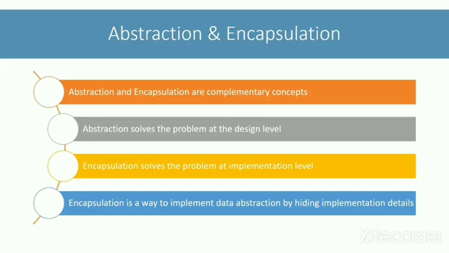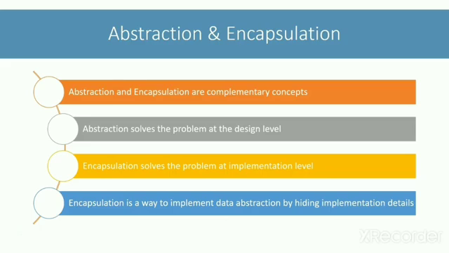Going back to our ATM example, when I am designing the ATM, I will think about what steps the user needs to follow in order to withdraw money. I will list down that the user will swipe his card, enter PIN, enter amount, and finally collect cash. That's abstraction at work. I'm only focusing on things that are relevant from the user's point of view and eliminating all other stuff.